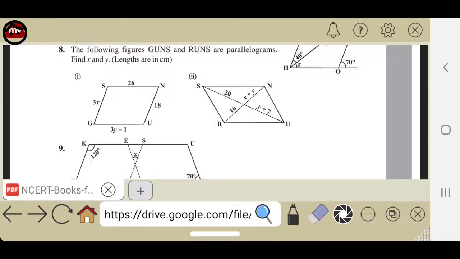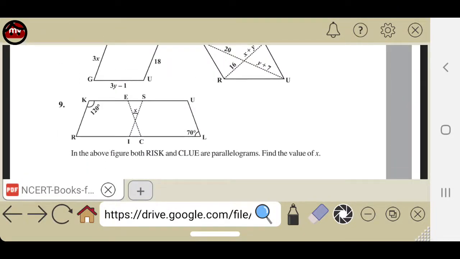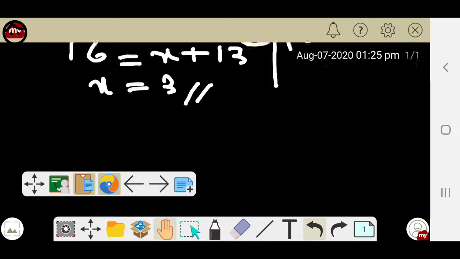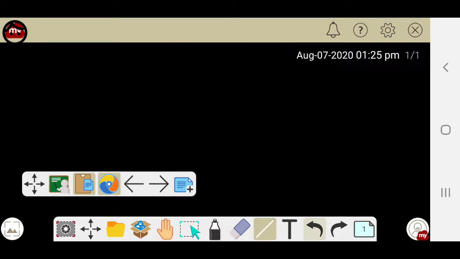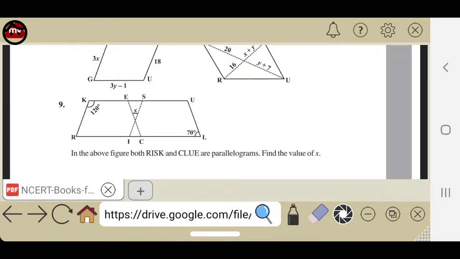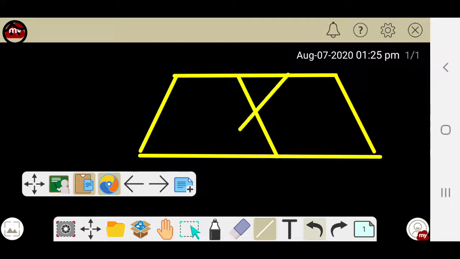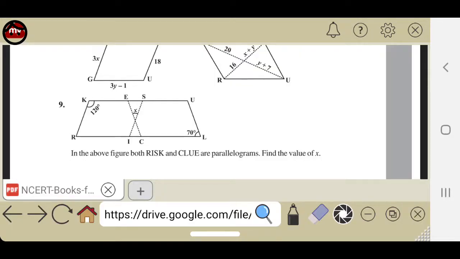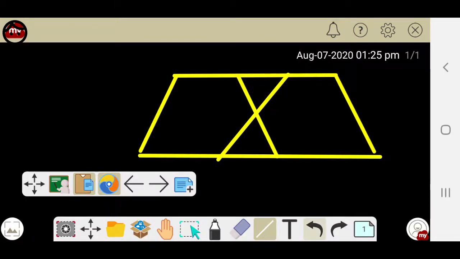Okay. The next question. In the given figure, RISK and CLUE are parallelograms. 70.